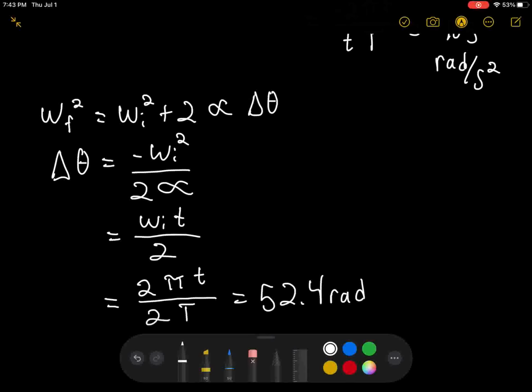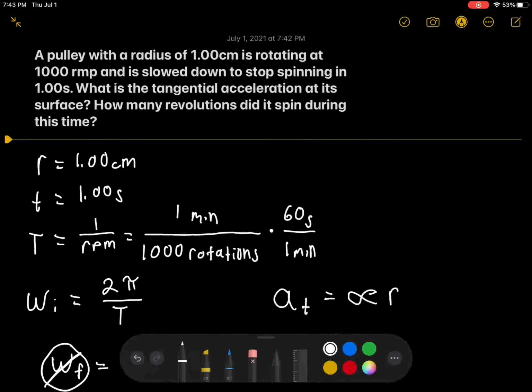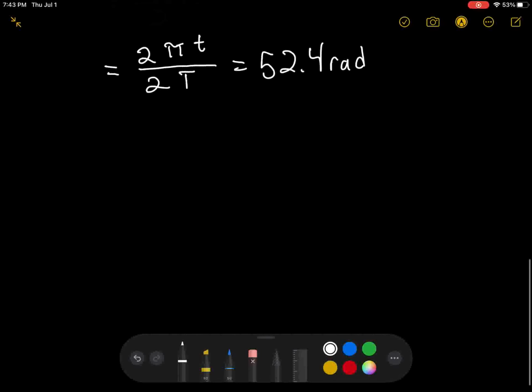Okay, that does not necessarily give us the information that we want to answer this question. We want to find out how many revolutions it spun during this time. We have the radians that it spun, but now let's take that number and convert it one more time. We're just going to call this revs for revolutions.